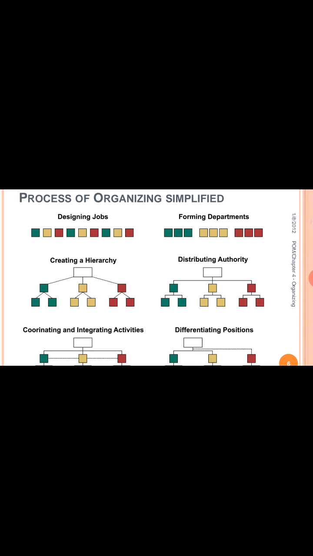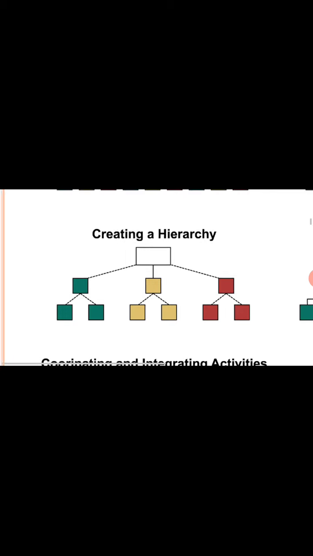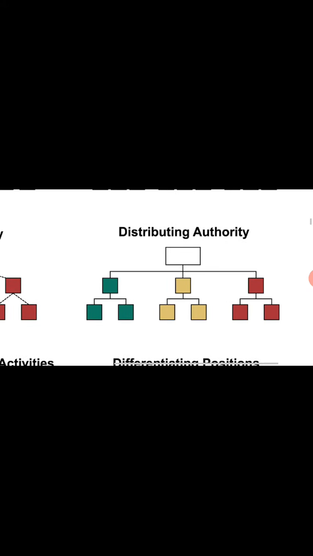Now next is creation of hierarchy. Creation of hierarchy means that there is an authoritative relationship. Every person working in the organization understands whom they are reporting to, who will be working alongside, and who will be the boss.